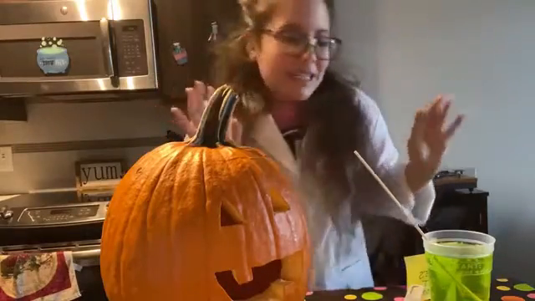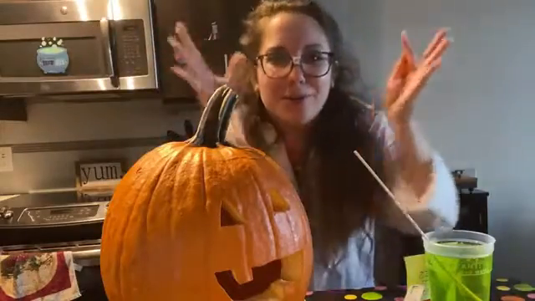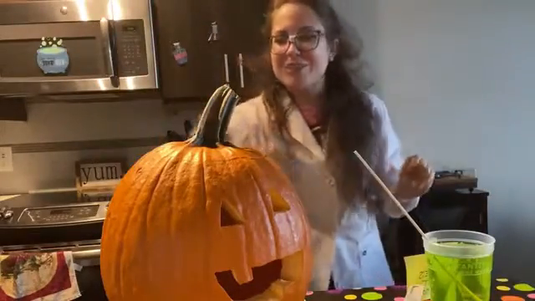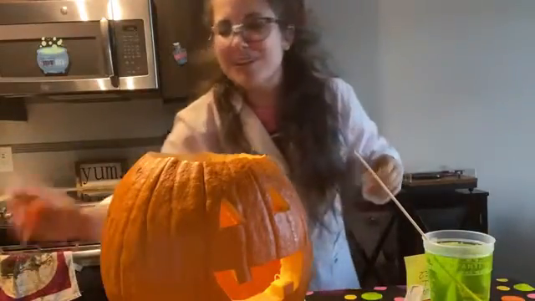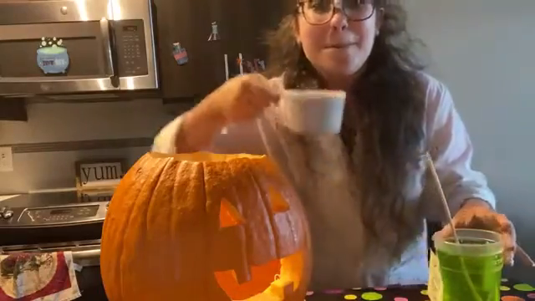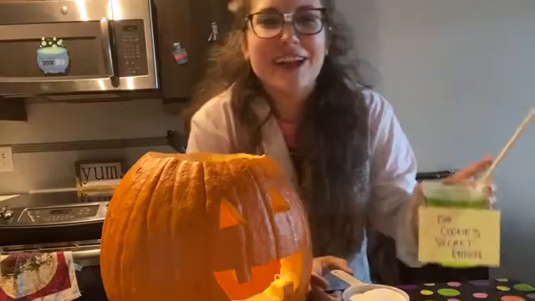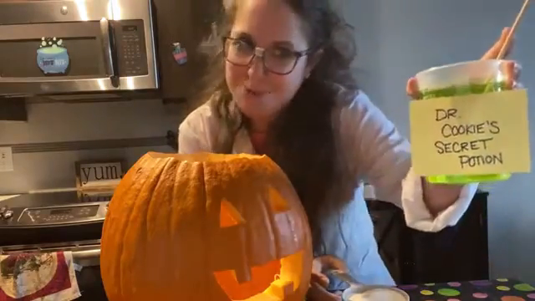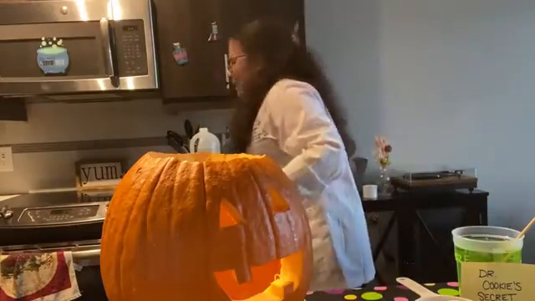Or maybe it makes sounds or lights up or even bubbles. Ooh. So, the chemical reaction we are going to experience tonight is between baking soda and Dr. Cookie's secret potion. I'll give you the insight on that in just a few seconds.